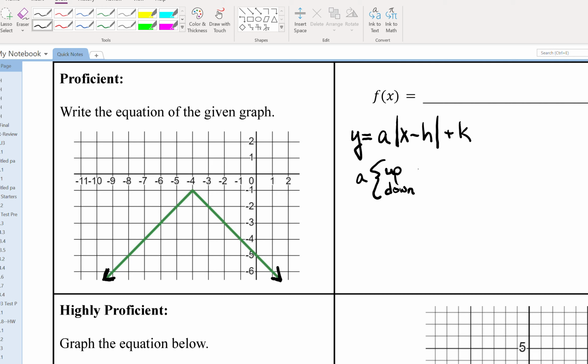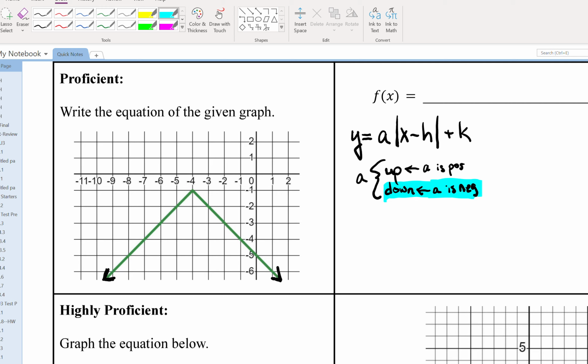It will be up if a is positive, or it'll open down if a is negative. And so this is opening down. We know that because of that, a is going to be negative.